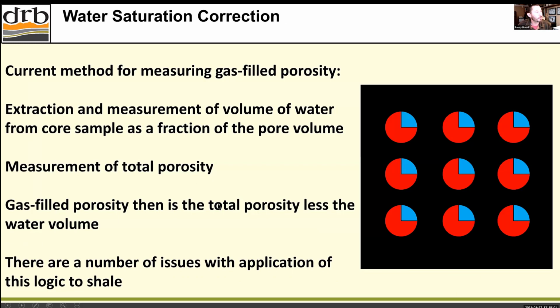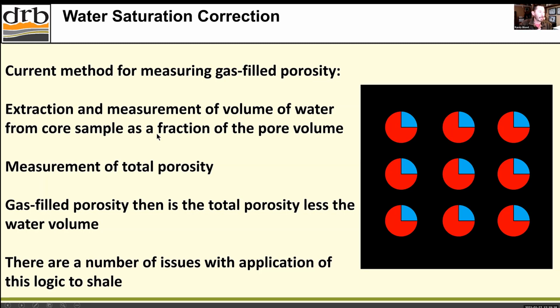So then moving on to the water saturation. What's typically done is we retrieve this core, we get it to the lab, they cut a plug out, and it goes through an extraction process which takes those fluids out of the core.